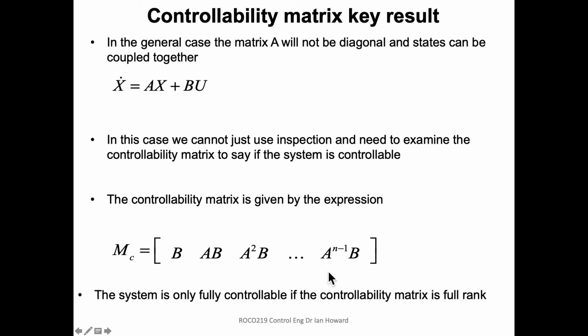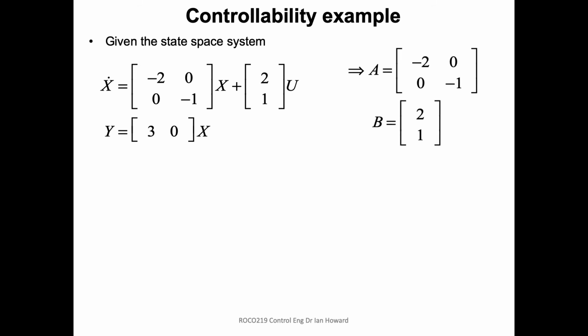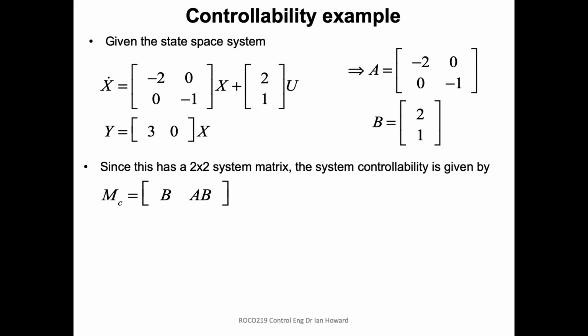So let's do an example of this. Let's have a look at this system. x dot equals this A matrix times the state plus this B matrix times u, and we have an output relation as well. We have the A matrix and the B matrix. We need to calculate the controllability matrix, which is B concatenated with AB. We know what B is already: 2, 1.